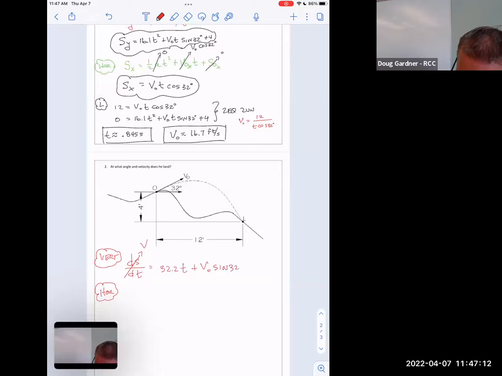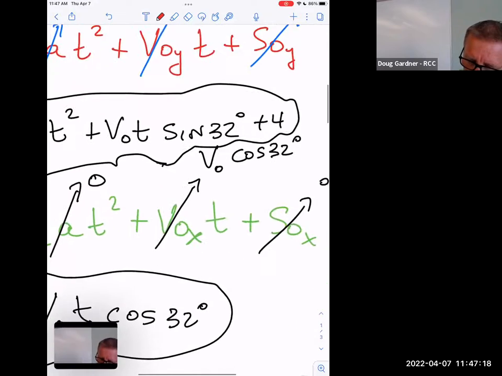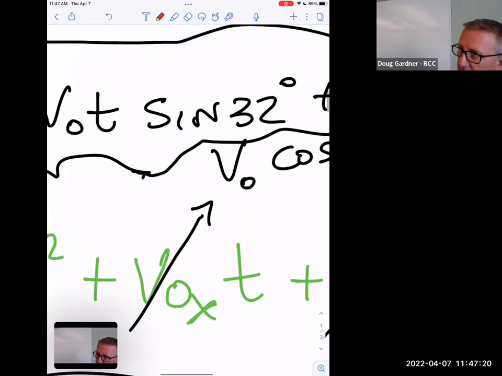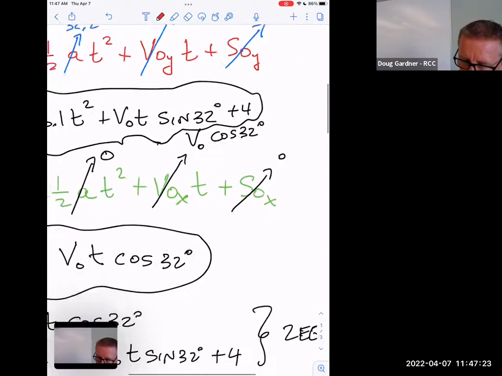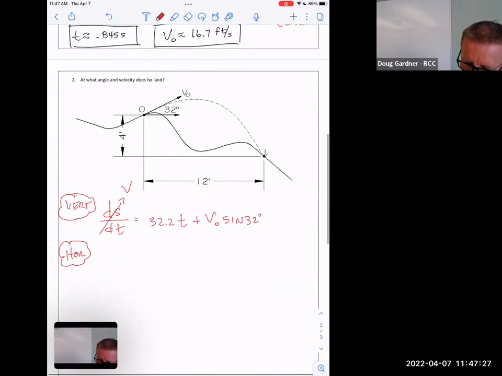Everybody agree with that? Basically, I got to staring at this V0t here and forgot there was another constant on the end of that. And then of course the derivative of 4 is nothing, right? So that's still sitting there. And by the way, remember that V0 sine of 32 is V0 of y, right?